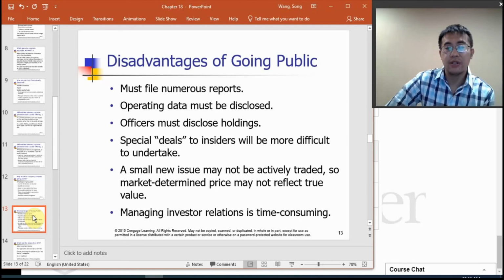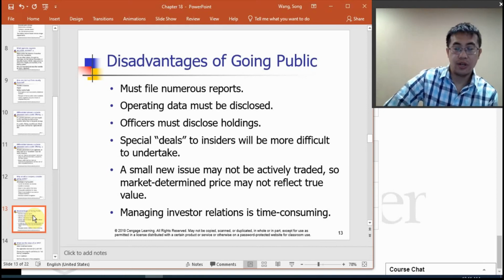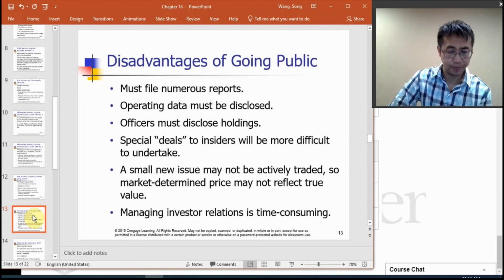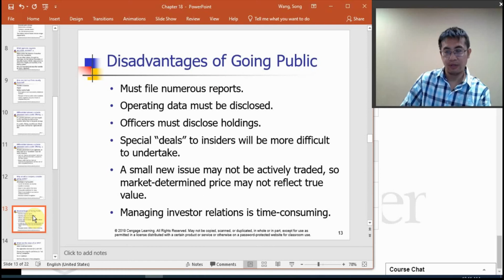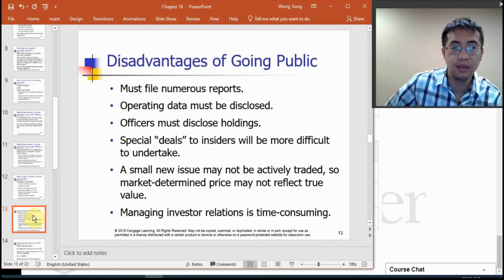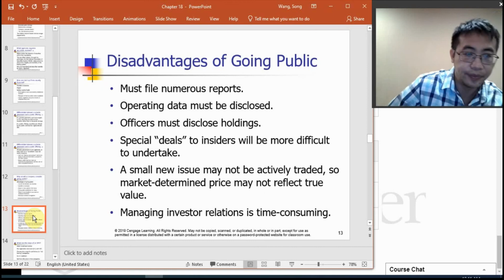Special deals to insiders are difficult to undertake because you need the consensus of the shareholders as a group or the board of directors. Once the firm goes public, it's very hard, even if you are the original owner or the founder of the company, to make special deals because you are under the governance of all the stockholders.